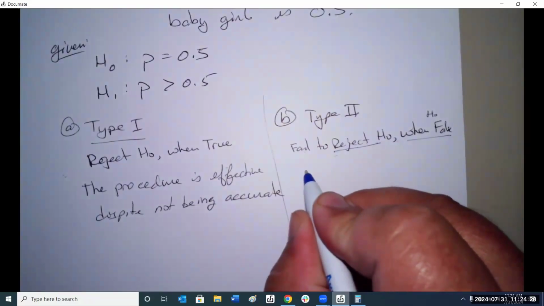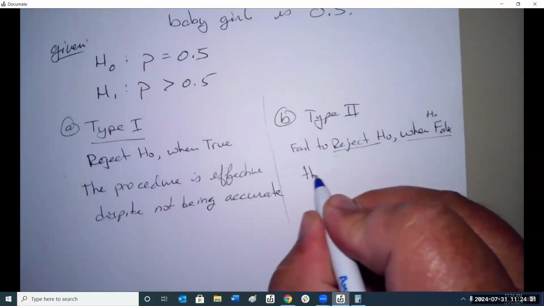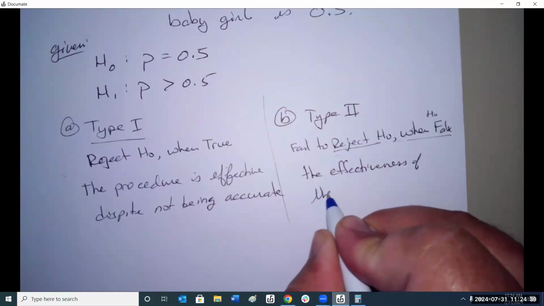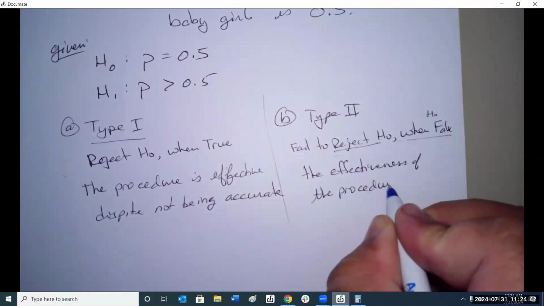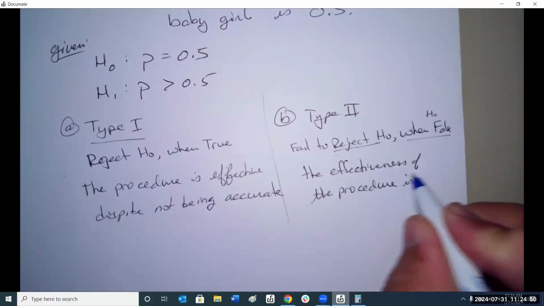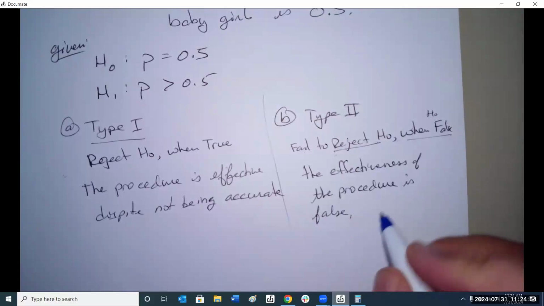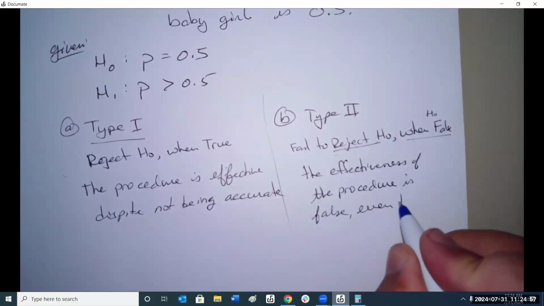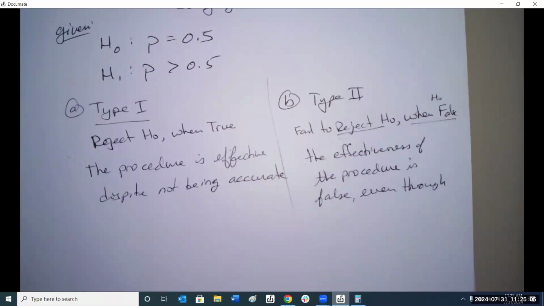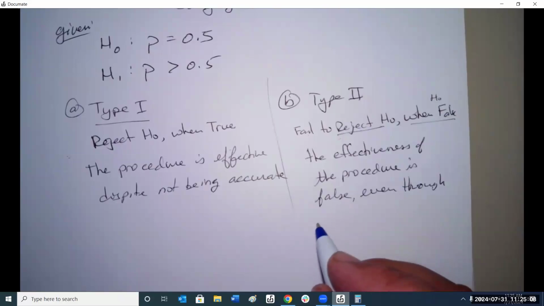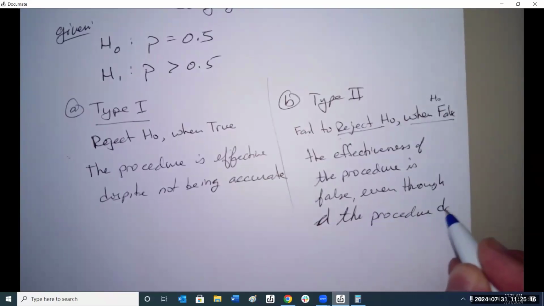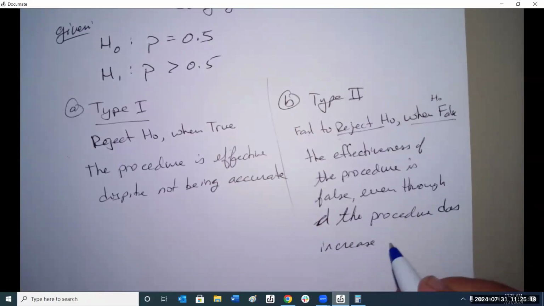So the effectiveness of the procedure is false, even though the procedure does increase the chances.